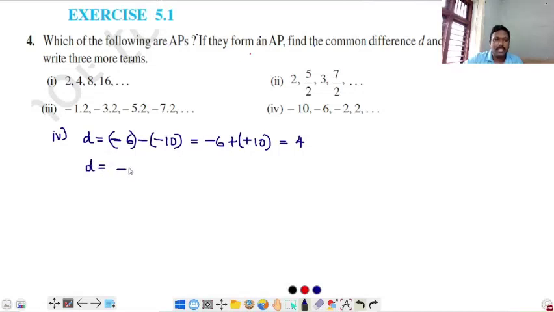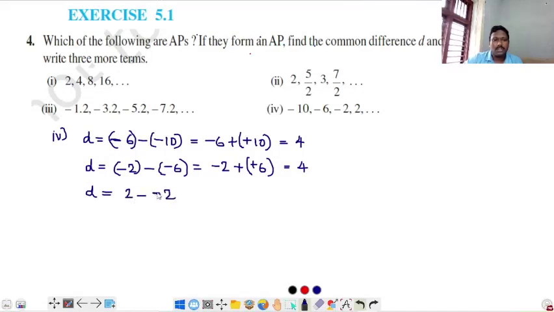Now let us check the next common difference. A3 minus A2, that is −2 minus (−6). The minus −6 will change into plus 6, so −2 plus 6 is equal to 4. Now the next d: the fourth term minus the third term, that is 2 minus (−2).